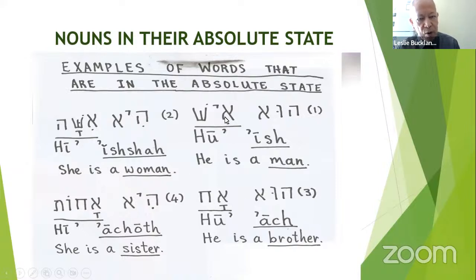So when you have a word by itself, as these are, without any line joining this noun to another noun for further clarification as to who this man or that woman, this brother or that sister is, then these nouns are in the absolute state.